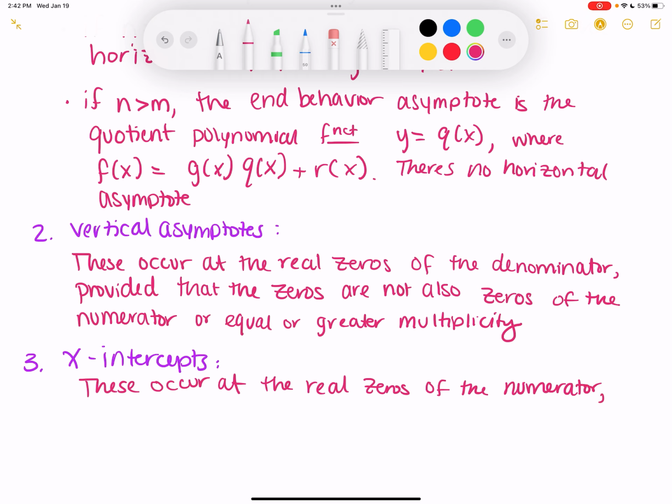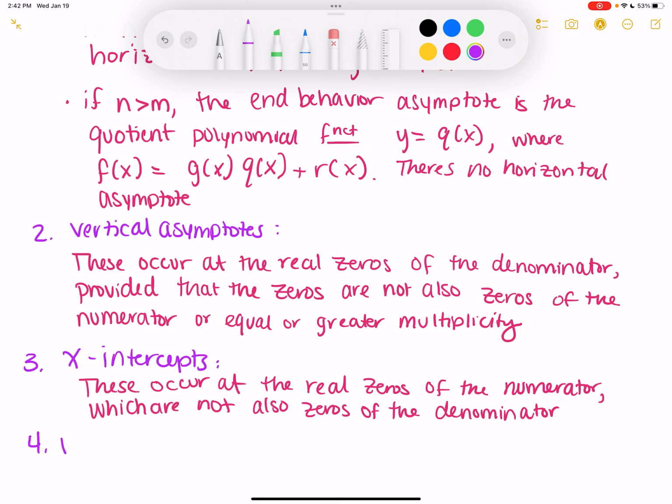Specifically ones which are not also zeros of the denominator. Another way to think about x-intercepts is setting y equal to 0 and solving for x.